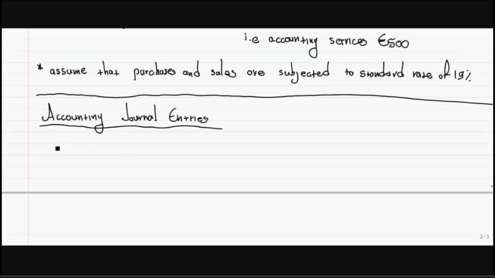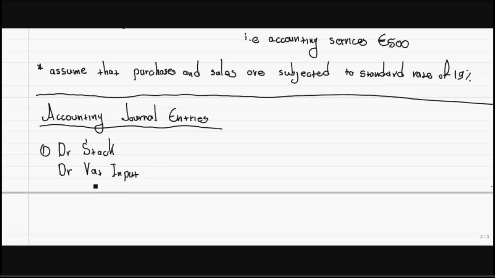The first transaction is the purchase, so we debit our stock because we purchased item number 1 for 100 euros. We debit the VAT receivable. This is called the VAT input.